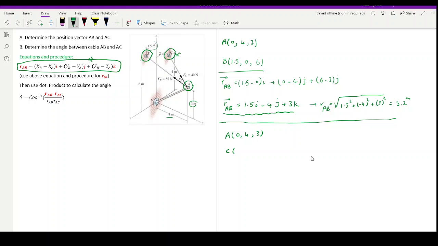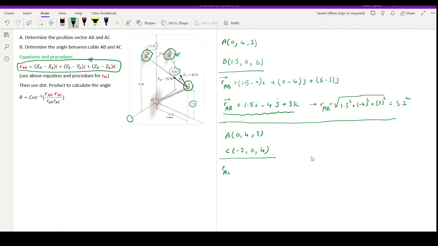Its X is negative 2 because positive X is in this direction, and you can see that it's in the opposite of X direction. So it's negative 2. Its Y again is 0, and its Z is 4. By looking at this drawing, this is 4. Therefore, again, the same procedure.